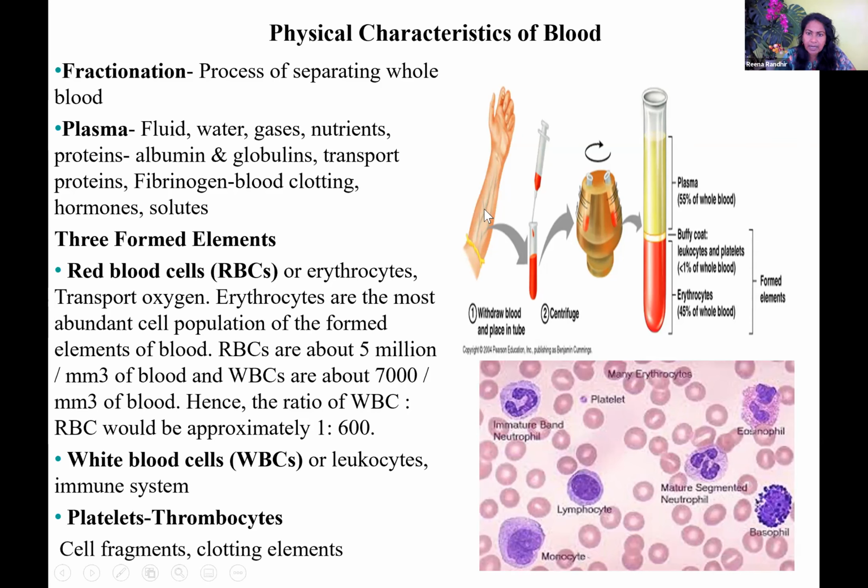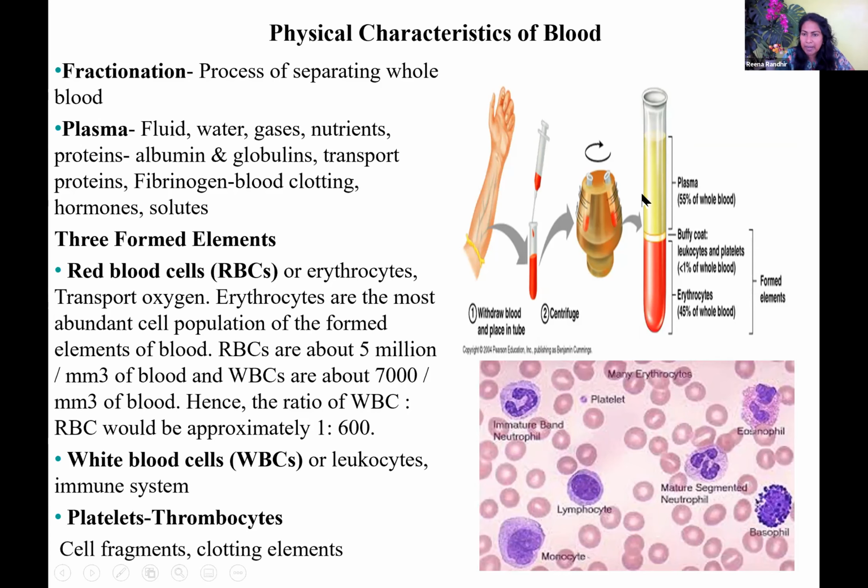So here's the arm. If you are a nurse, you are familiar with this. The blood is drawn and then they centrifuge it. That process of separating the liquid and solids in blood is called fractionation. So here is fractionated blood.